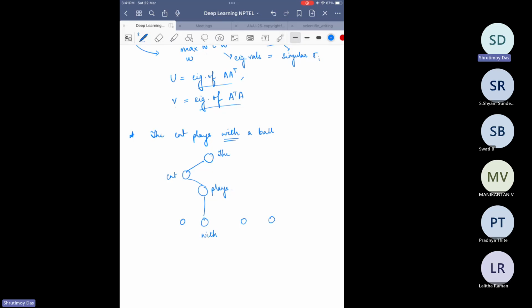So that means it must have the size of the nodes. In that slide, if you see, the size is not the same.